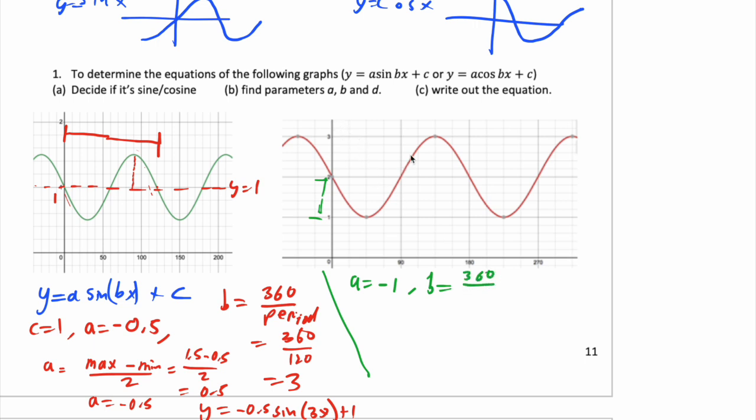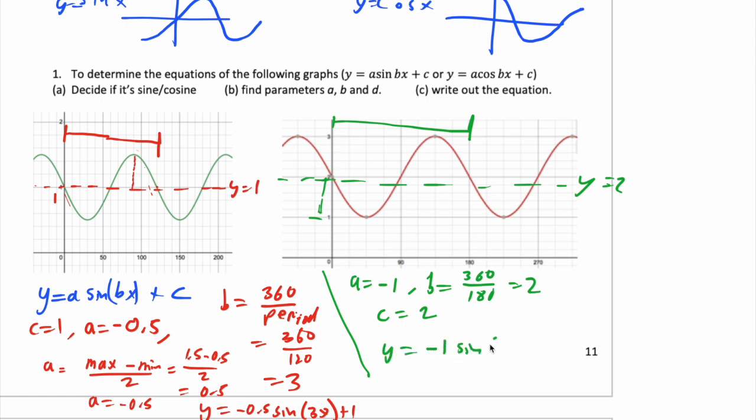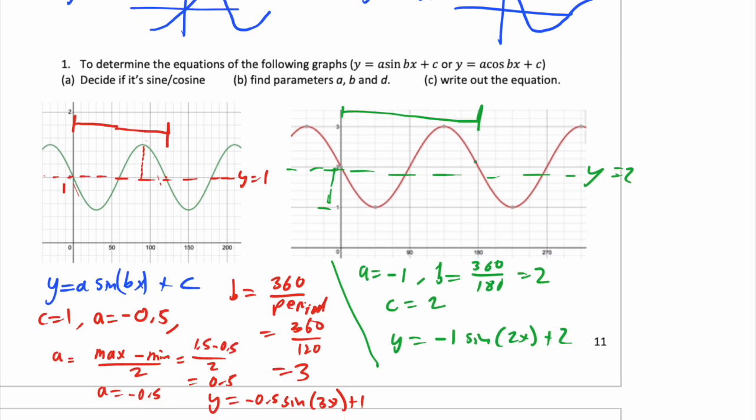In this case, the period is from here to here, a whole cycle, so that's 180. So b equals 2. C is the principal axis, which is y equals 2. So c equals 2. So y equals negative 1 sine 2x plus 2 is the equation of that.